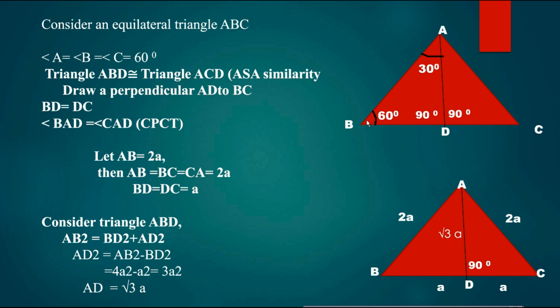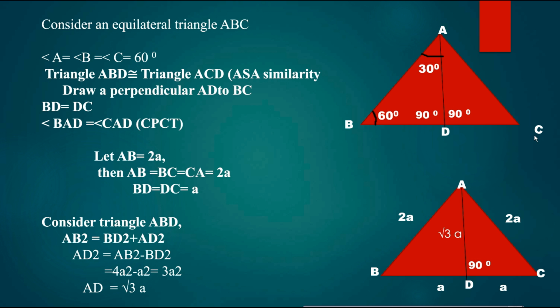For ABD, angle B equal to angle C for ACD. These two triangles ABD and ACD: angle B equal to angle C, and again angle BAD equal to angle CAD, equal to 30 degree. Here 30, here 30.